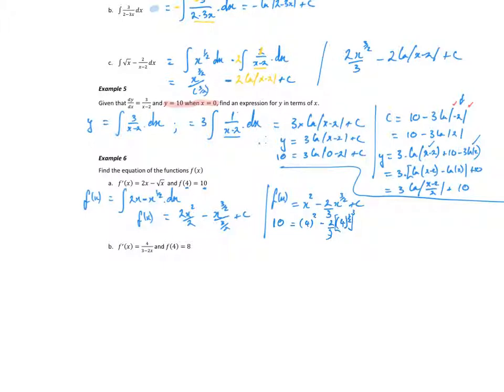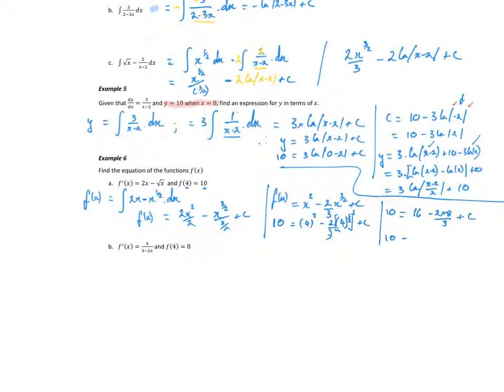That's what 3 on 2 is. So I get 10 is equal to 16 minus 4 to the half is 2, 2 cubed is 8, 2 times 8 over 3 plus c.